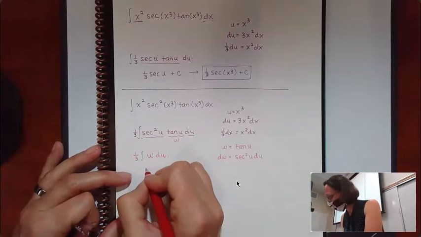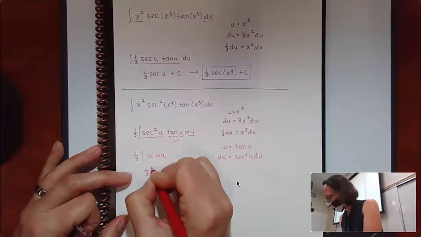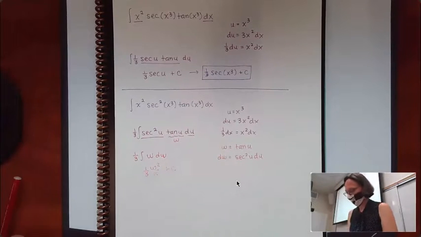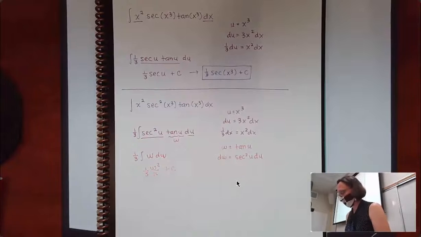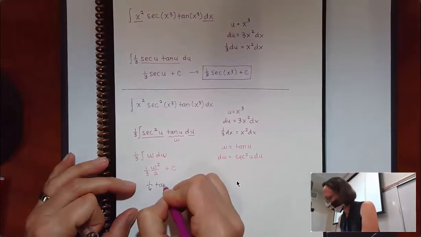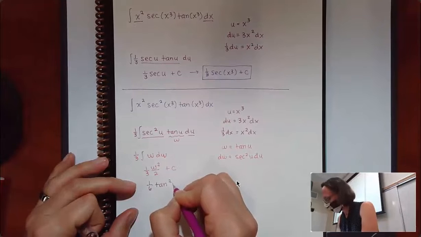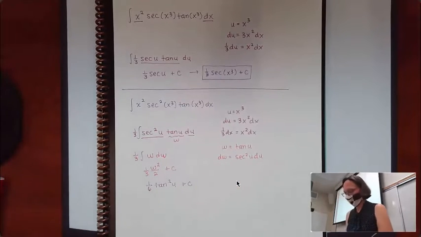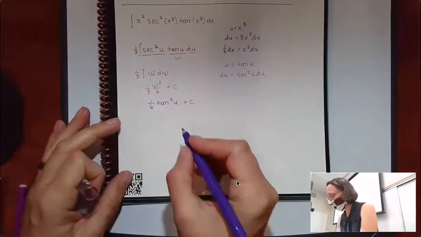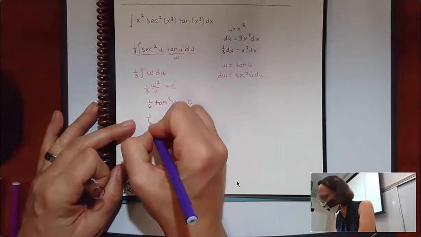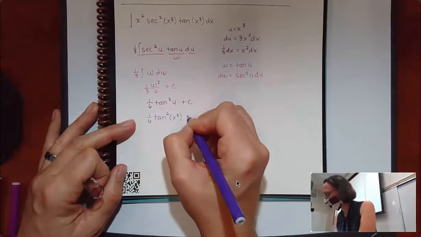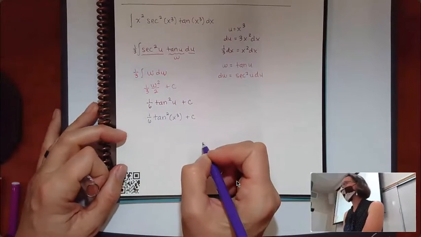So if I integrate that, I'd have 1/3 times w squared over 2 plus a constant. And then I would plug in what my w was and get 1/6 tangent squared u plus a constant. And then I would plug in what my u was and get 1/6 tangent squared of x cubed plus a constant.